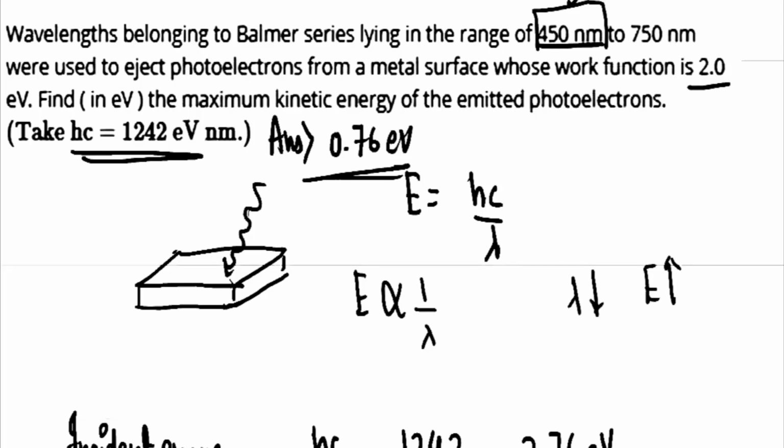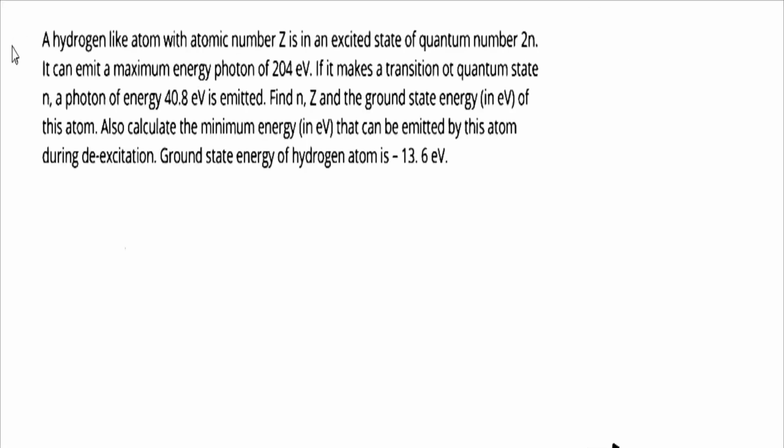Hello students. Our question gives that a hydrogen-like atom with atomic number Z is in an excited state of quantum number 2n. It can emit a maximum energy of photon of 204 electron volt. If it makes a transition to quantum state n, a photon of energy 40.8 electron volt is emitted.